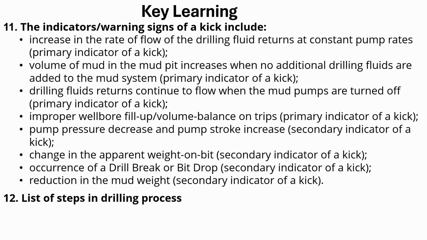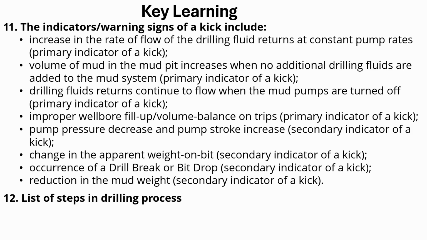This slide lists warning signs of a kick. Primary indicators include increased mud return flow at constant pump rate, rising pit volume, continued flow after pumps are shut off, and improper fill-up during trips.